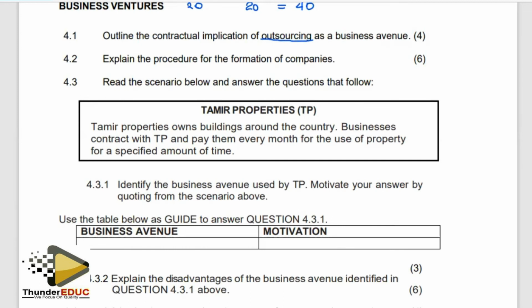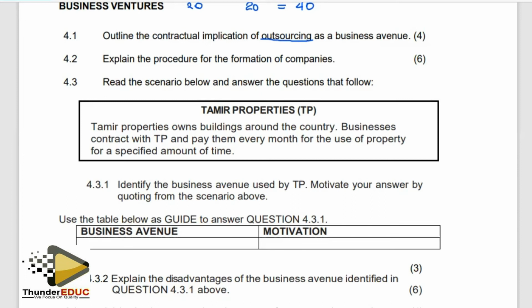That could be because of several reasons, which we already saw. For example, the business may have a shortage of skills in the field for which it is hiring an external business. Besides that, it may lack manpower needed for that particular job.